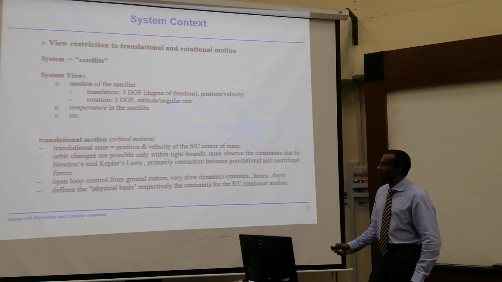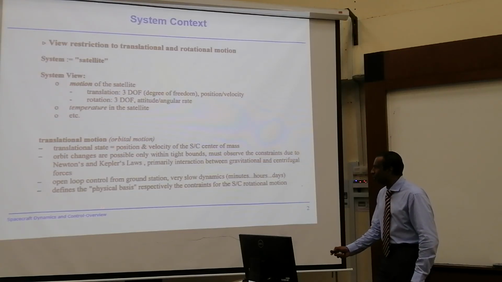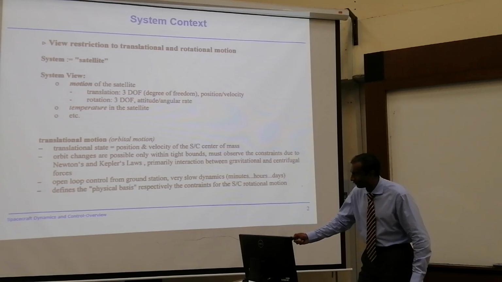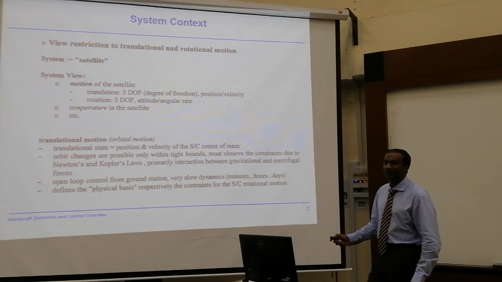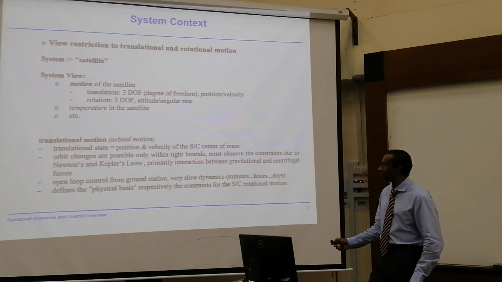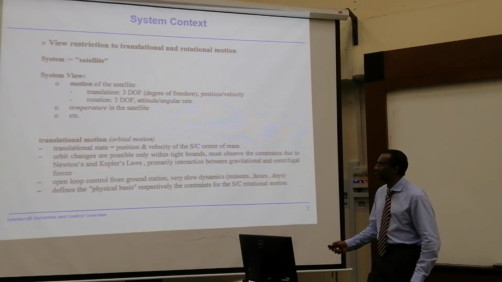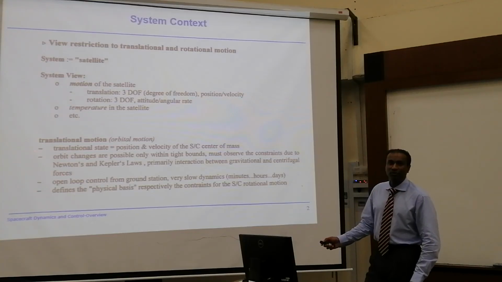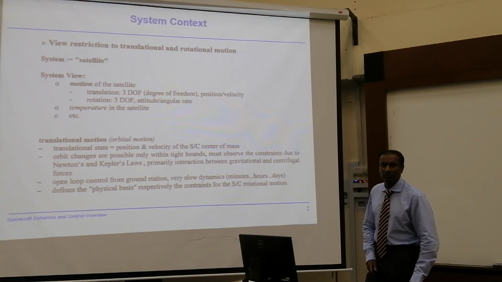Okay, translation motion is orbital motion. All this you should have learned in space mechanics. So you look at the actual difference. Translation motion takes the position and velocity of the spacecraft center. Now orbit changes are possible only with thrusters. So observe the constraints due to Newton's law we know, Kepler's law we have introduced.